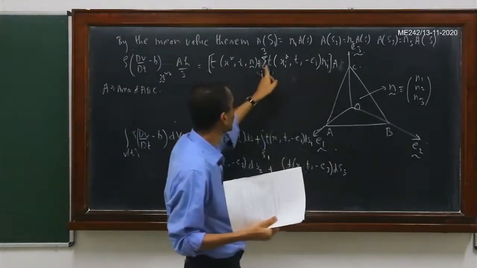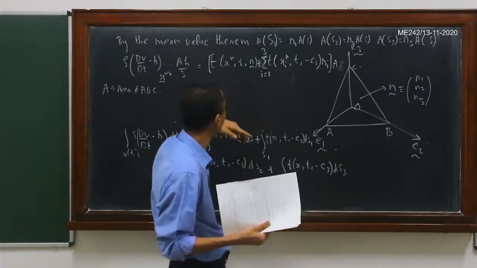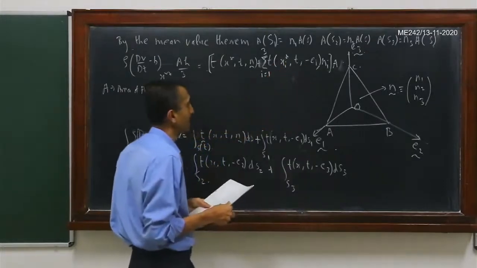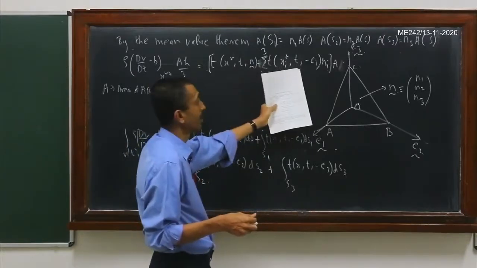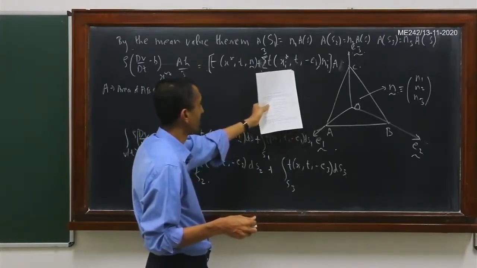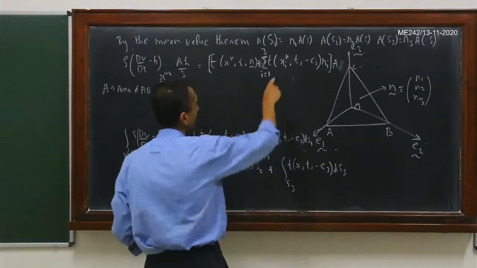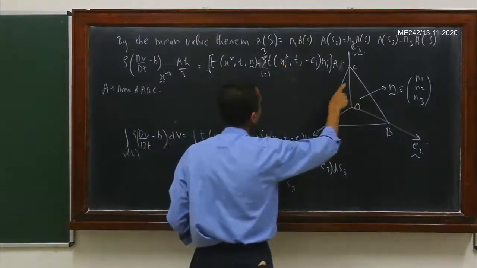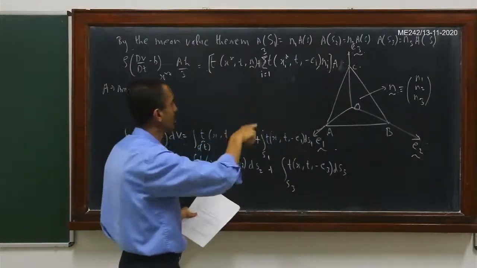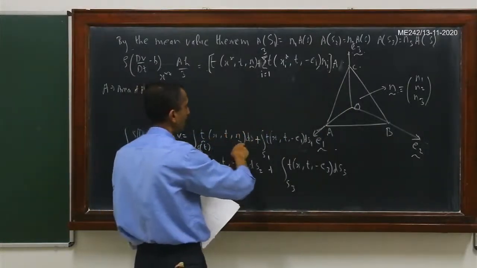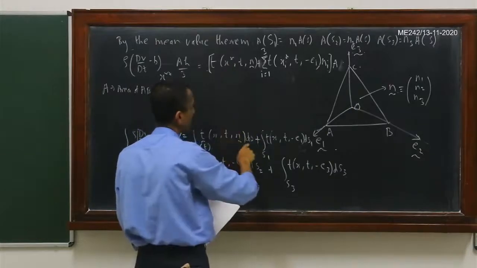So you will see that basically by the mean value theorem, I am replacing this whole integral by this particular formula here. So similarly, these xi stars are points on the surfaces S1, S2 and S3. Okay, very similar to how the x star was lying on this particular surface.